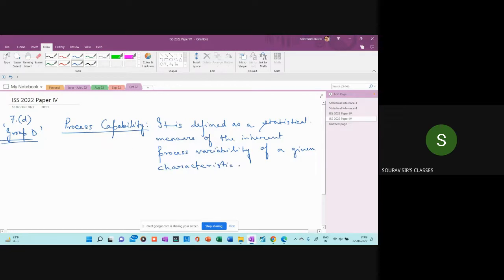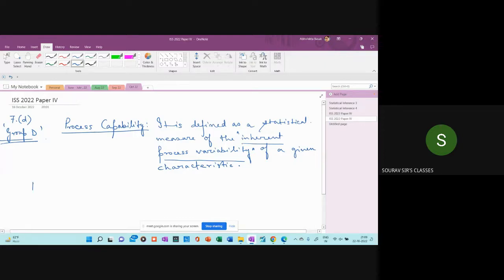So basically, this is inherent process variability. This word is very important, inherent process variability, because we know that the process has different kinds of error or different kinds of variability. One is beyond our control, and one we can actually control. So a statistical measure to measure this inherent process variability of any characteristic is known as process capability.